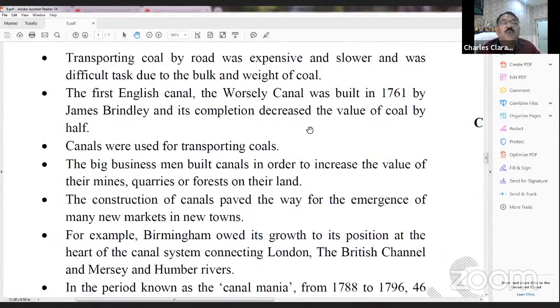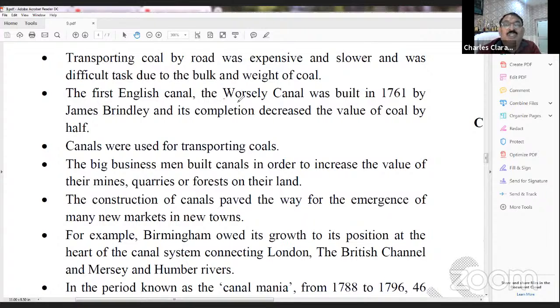Now, transporting coal by road was expensive and slow. It was a difficult task because, moving through roads, there are curves. Due to the bulk and the weight of coal, the first English canal, the Worsley Canal, was built in 1761. You need to understand this, underline it.